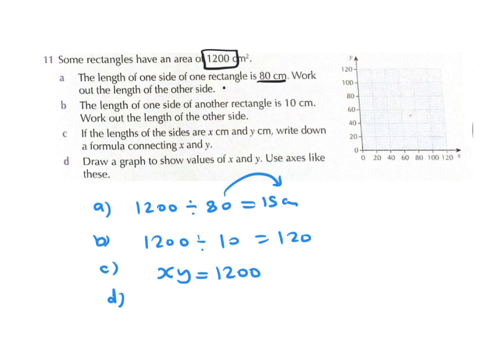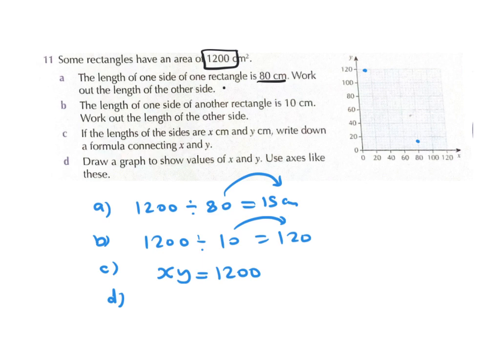I'll draw, but we don't have time to finish that. So draw. This is the first point, 80 and 15. The second one is 10 and 120.